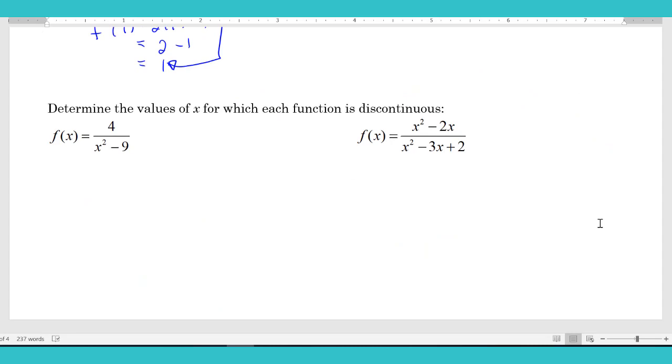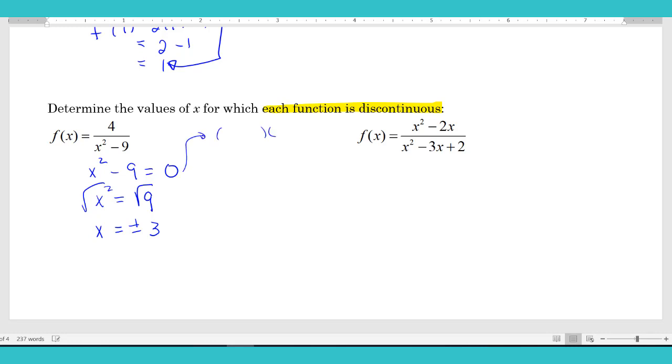On some parts of your homework, they're going to reword it just a little bit differently, and it says determine the values of x for which each function is discontinuous. A little bit different wording. We're going to do exactly the same thing. We've got two rational functions. I'm just going to set the denominator equal to 0. I could factor here, but I'm just going to solve by taking the square root, and I'm going to remember to put my plus or minus 3.